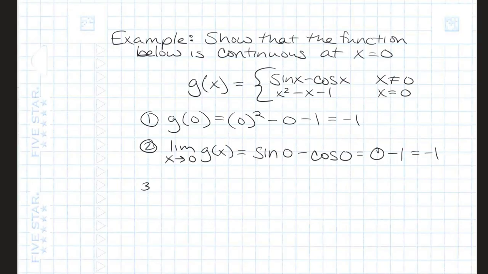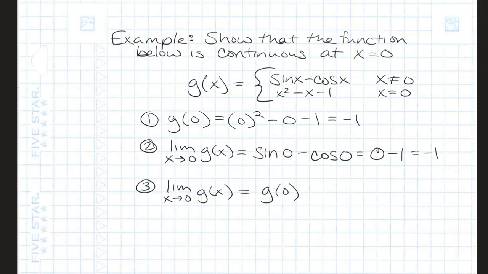Part 3 asks me to show, and it does, that the limit as x approaches 0 for g of x is the same as g of 0. And is that true? Is the answer we got for the limit the same as the answer we got for the evaluated value? Amazing. We're saying negative 1 is equal to negative 1.